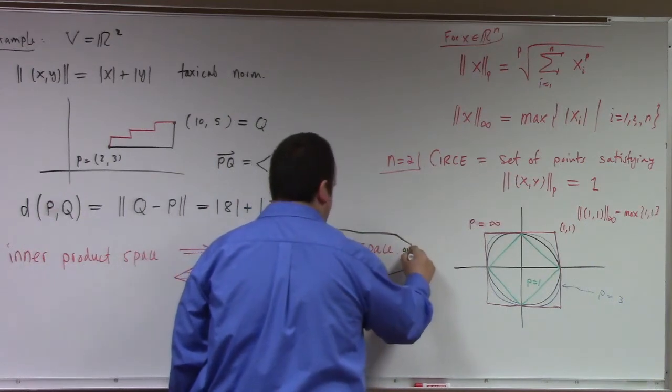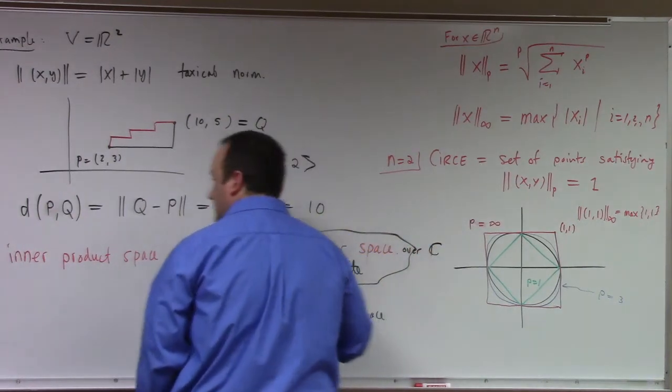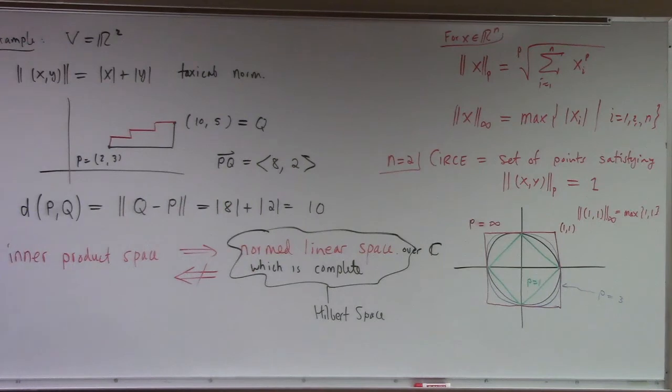And I had more fine print over the complex numbers, typically. That's what a Hilbert space is. A normed linear space, though, is just that with the completeness stripped away.